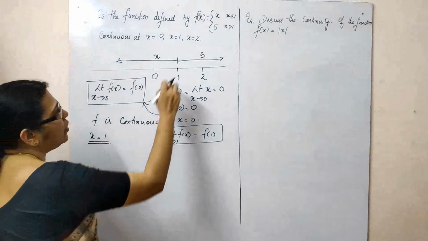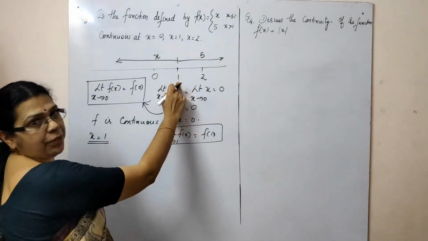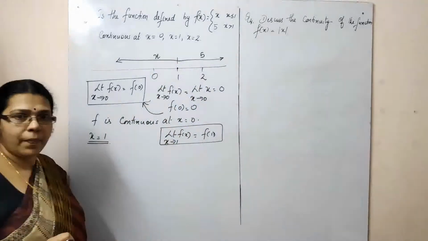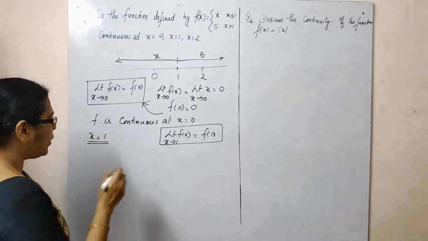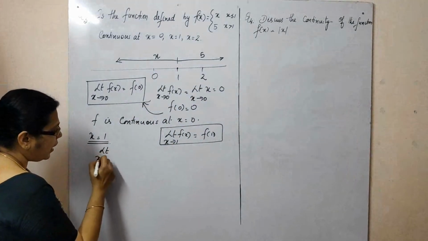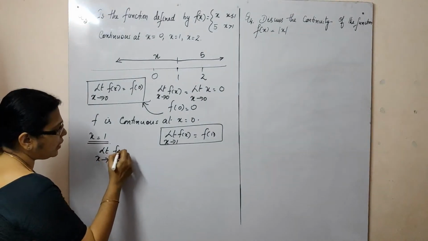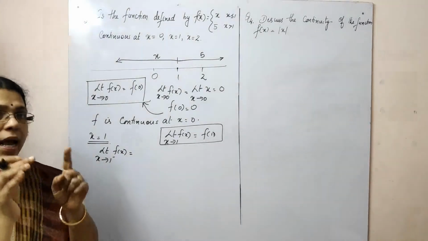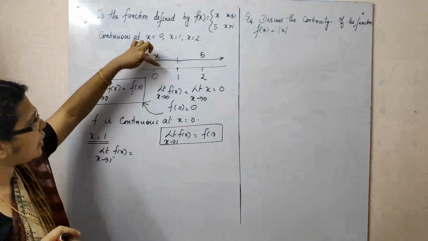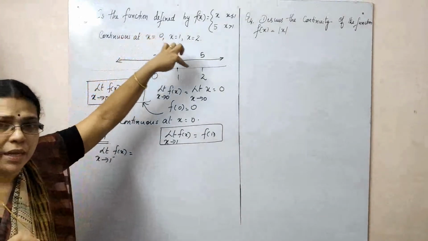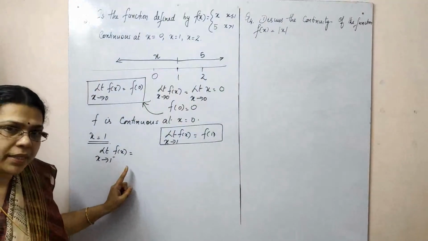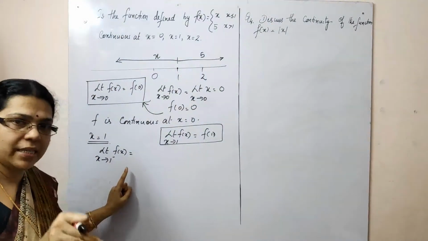Okay. So now when we consider the point 1, is the function the same on the left and on the right? No. Isn't it? So I need to check the limit as x tends to 1 minus of f of x first, that is on the left side of 1. 1 minus means lesser than 1.